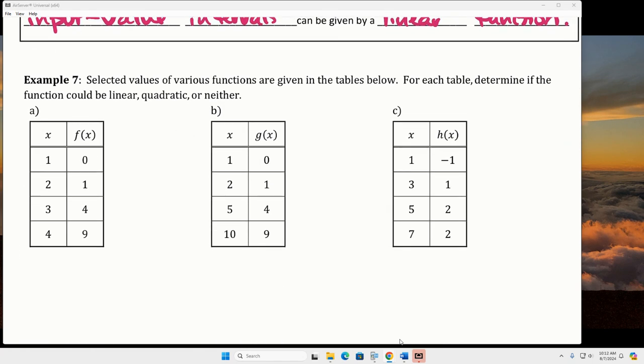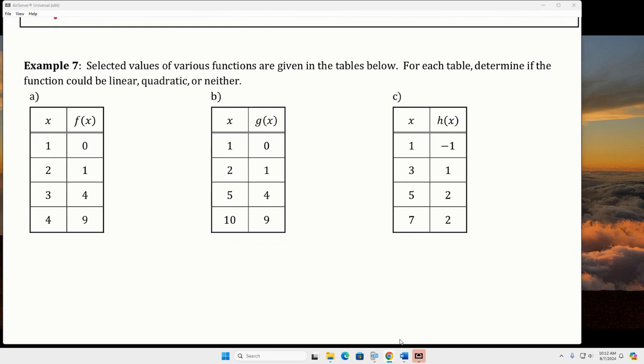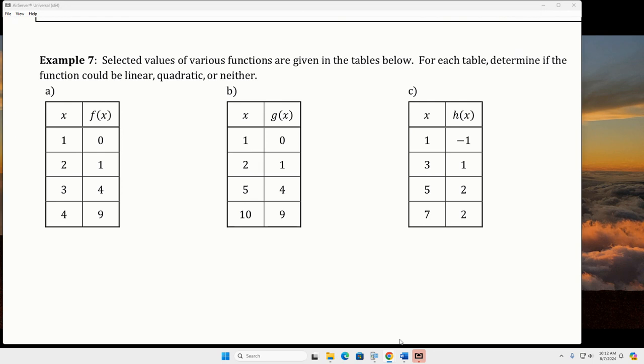All right, so let's look at example 7. We have selected values of various functions in the tables. For each table, we're going to determine if the function could be linear, quadratic, or neither. So the first thing I'm going to do when I see a question like this is see if our input values are increasing or decreasing by the same amount. Do we have equal length intervals on this one?